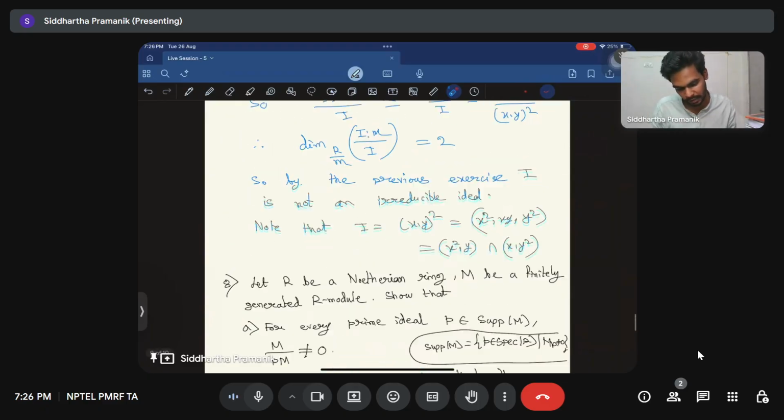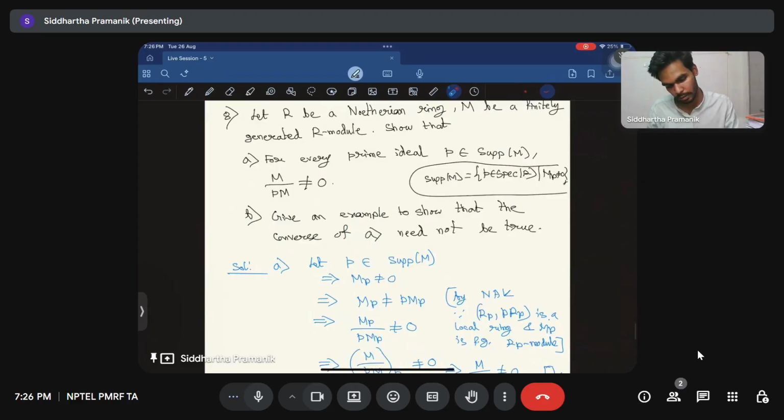So this proves that the converse is not true. M mod PM being non-zero will not imply that P is in the support of M.